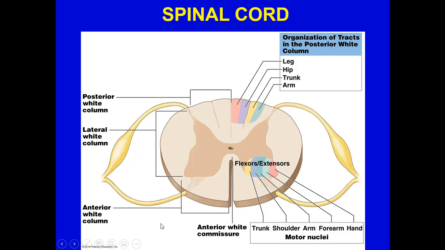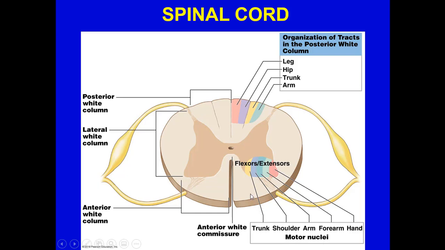So here we see this. We have the lateral white columns here, the posterior white columns here, and then we have the anterior white columns here. Okay? To help you to understand this, here is the information you're passing out on the anterior horn.